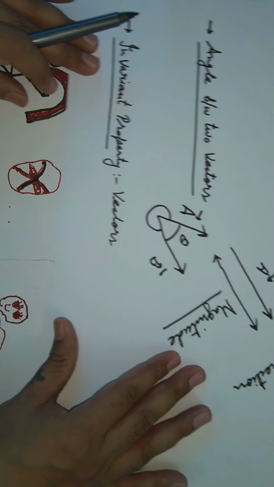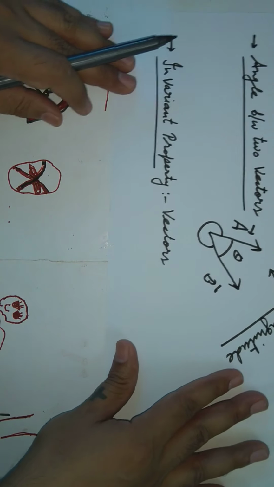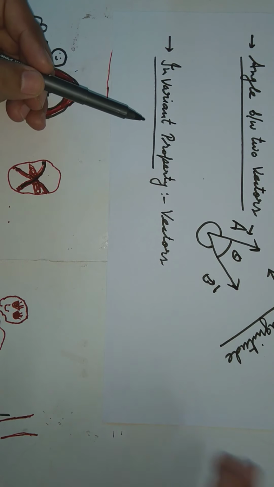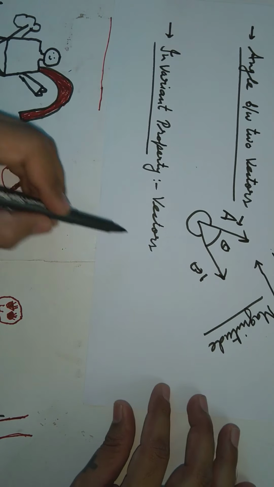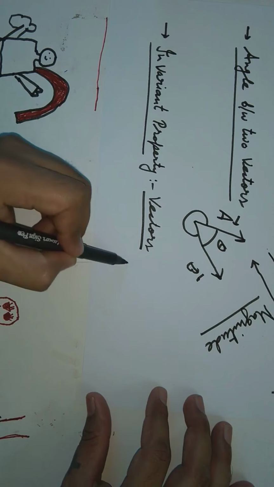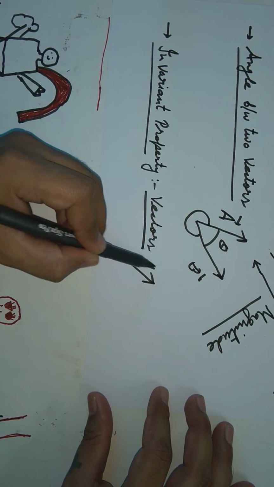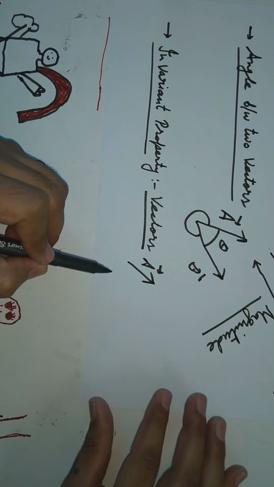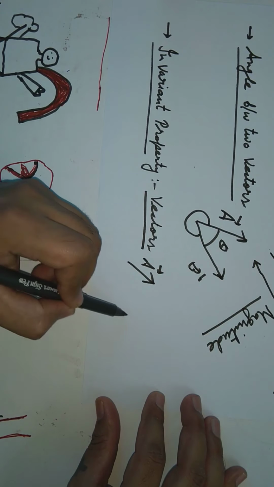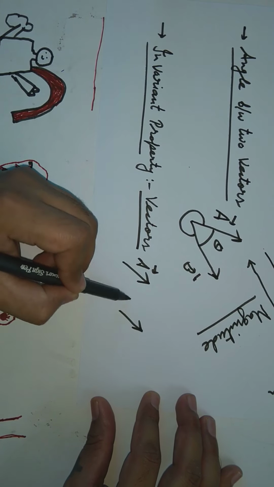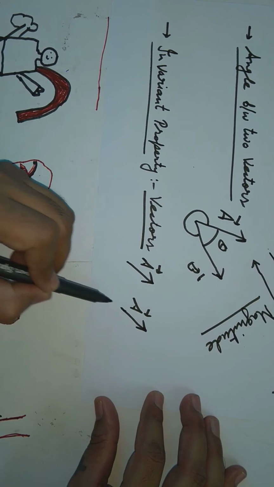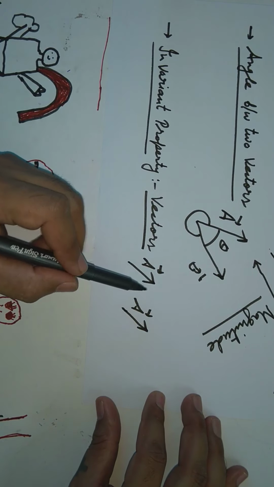Okay. Now finally, the invariant property. What is invariancy or the invariant property? Let me let you know. So this is a vector A. It is not confined to this position only. I can take this vector anywhere in the universe, provided its length and direction remain the same.